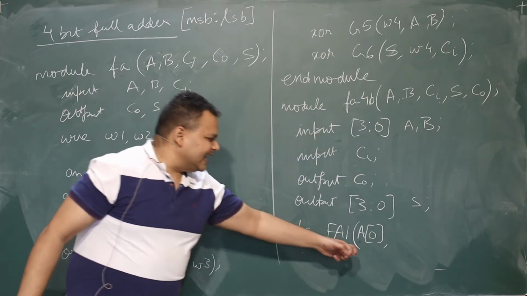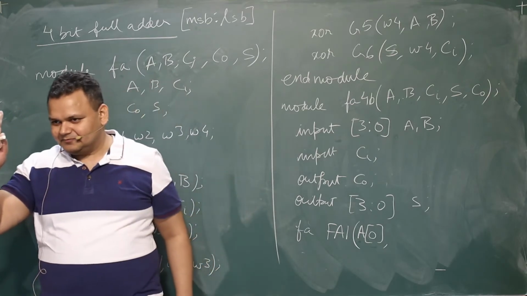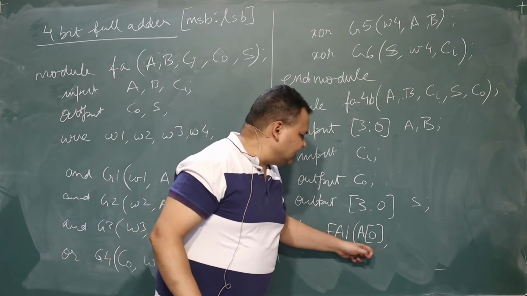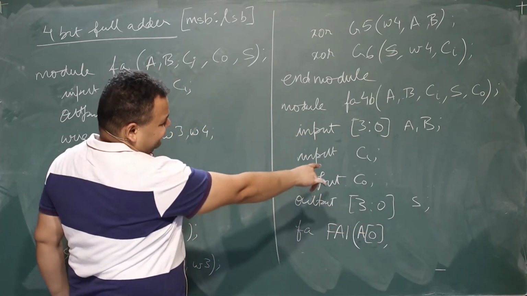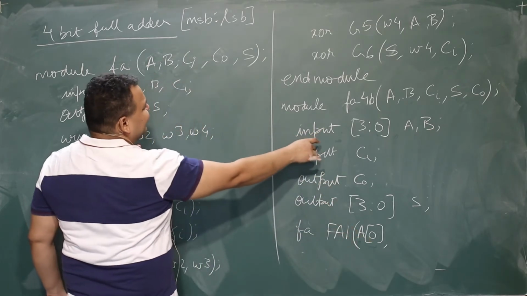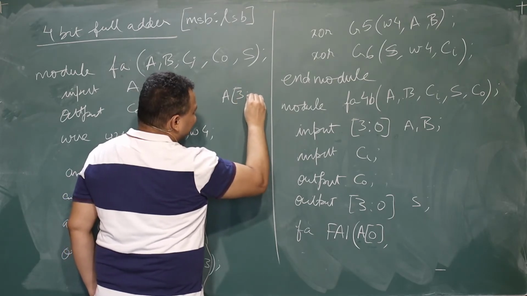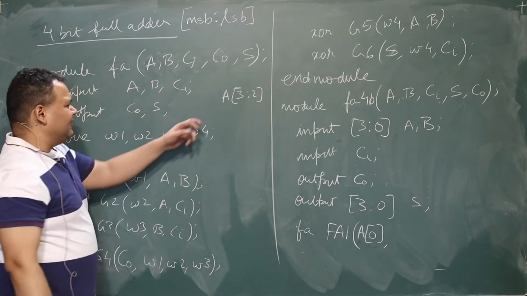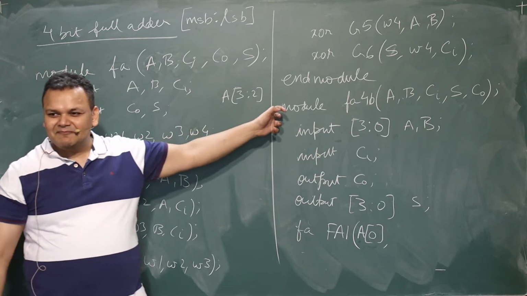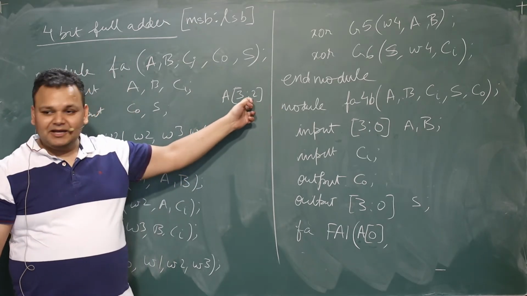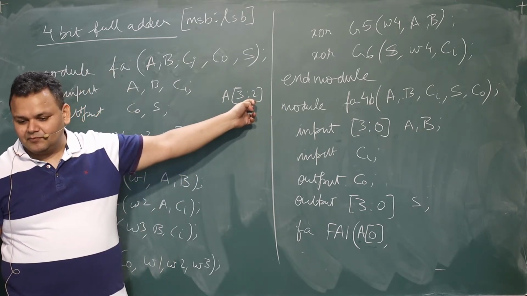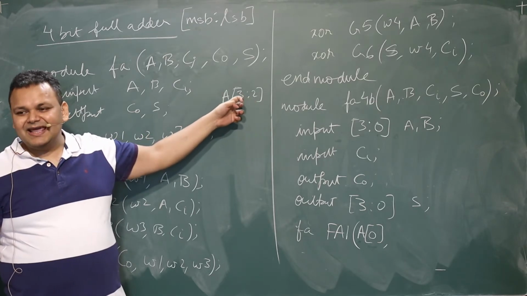This just chooses one single bit. A little bit of digression from here. If I do something like 3:2, what is this going to be? Can anybody tell me? How many bits is this number going to be? 2 bits, A3 and A2.